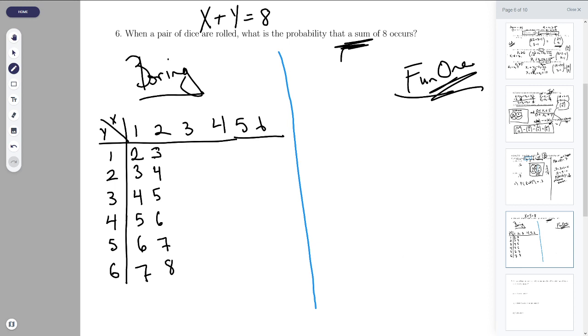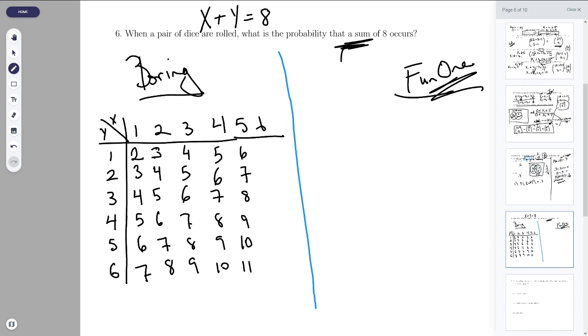Then we're going to do 3 and 1, which is 4, 5, 6, 7, 8, 9. 4, so we're going to get 5, 6, 7, 8, 9, 10. 5, so we're going to get 6, 7, 8, 9, 10, 11. And 6, so we're going to get 7, 8, 9, 10, 11, 12.